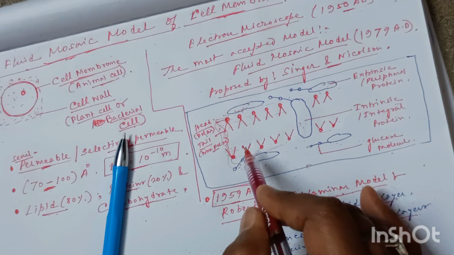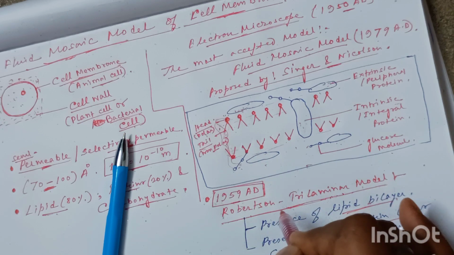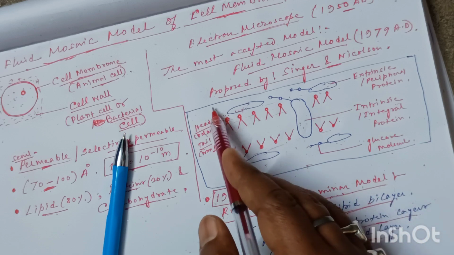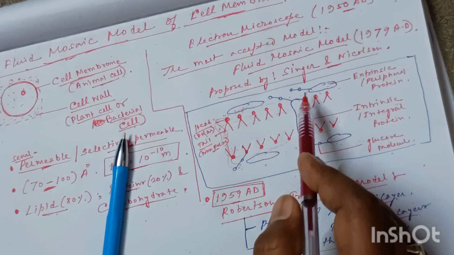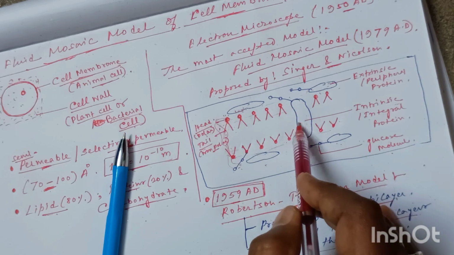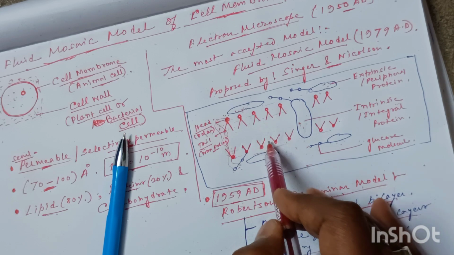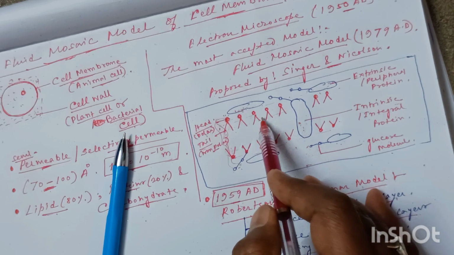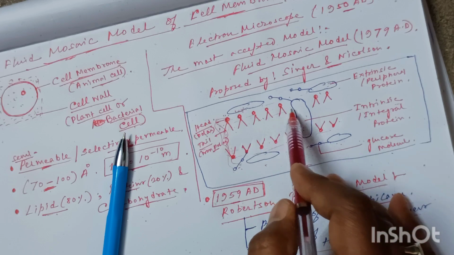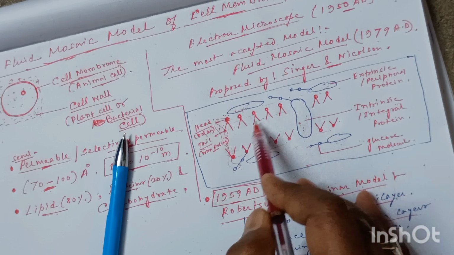So here is the basic difference between the Robertson trilaminar model and the fluid mosaic model. The integral protein remains tightly attached with the lipid molecule, because it remains embedded in the lipid bilayer.